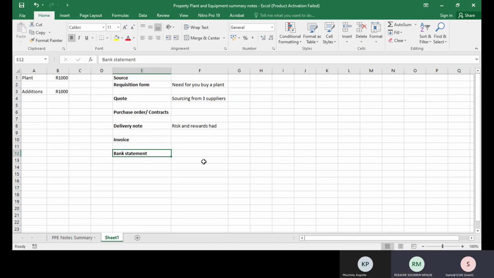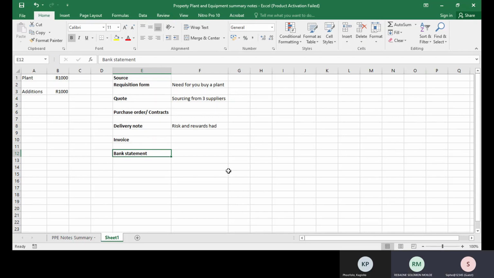Because when you start talking about creditor statements, and the remittances and all that, now we are testing the payable, which is related to the asset that you bought, if you haven't paid by year end. So I was telling you, how do you audit the additions?